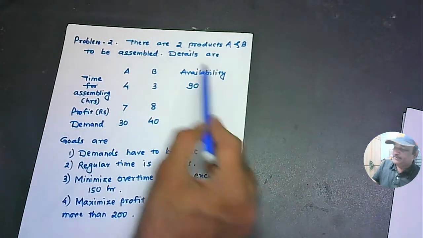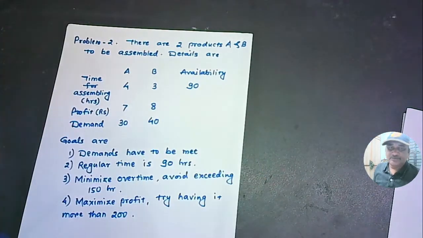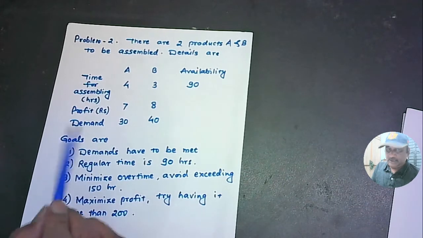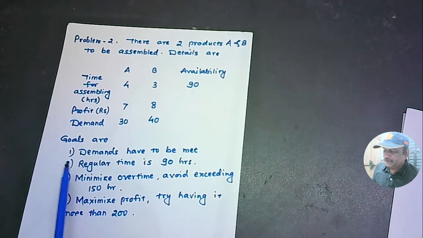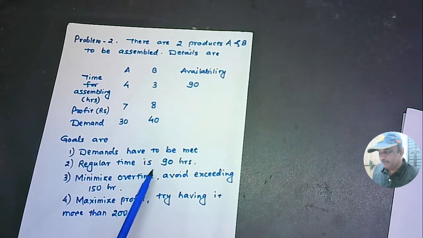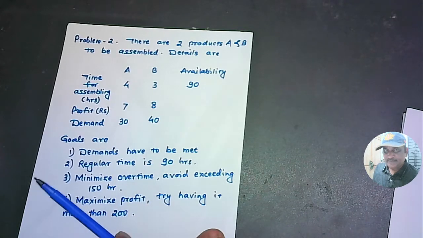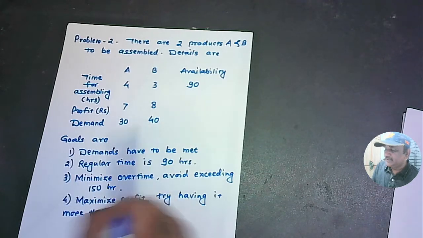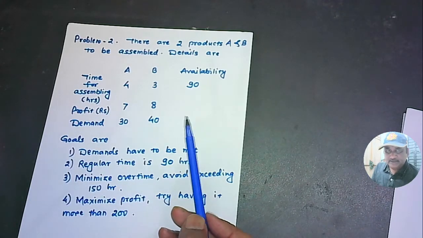Now, whatever information is given in this area, you may consider to be contributing to rigid constraints. And the goals are: your first goal is that demands have to be met. That anyway we were considering them to be in the rigid constraint part. These are the demands and those have to be met, right?